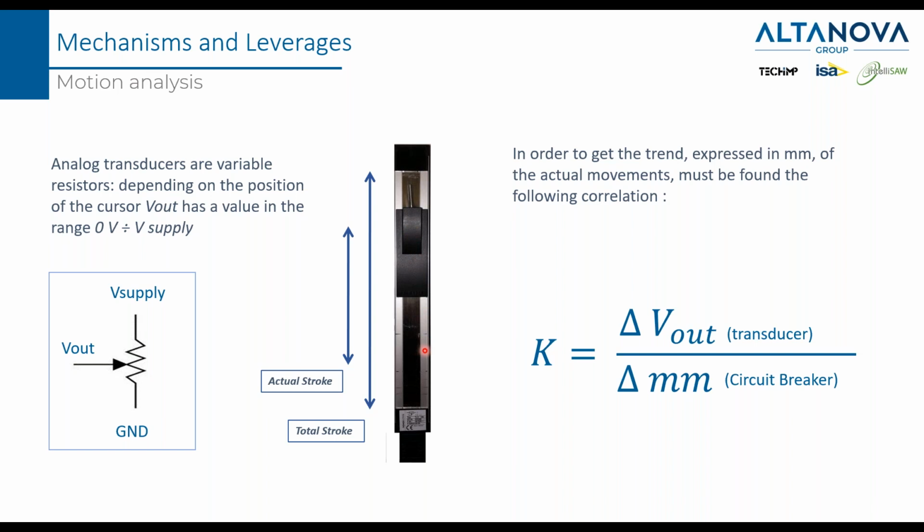We are measuring voltage, so what we are going to do is to find a correlation that is telling me for every variation of voltage how many millimeters of variation it means.